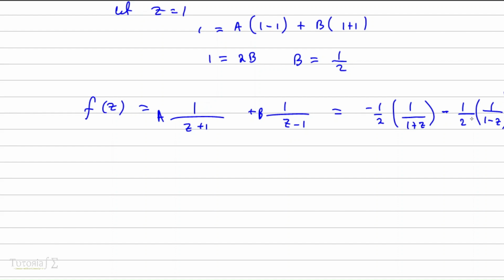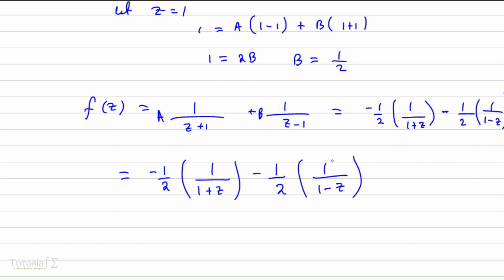So finally, it will be negative 1 over 2 times 1 over 1 plus z, minus 1 over 2. Since we've factored out the negative here, we have 1 over 1 minus z, like this. Okay, something like this.